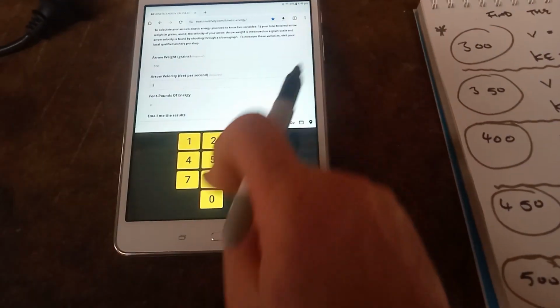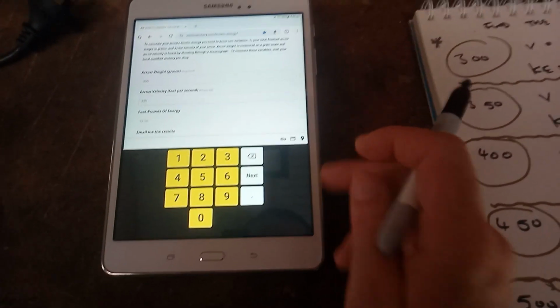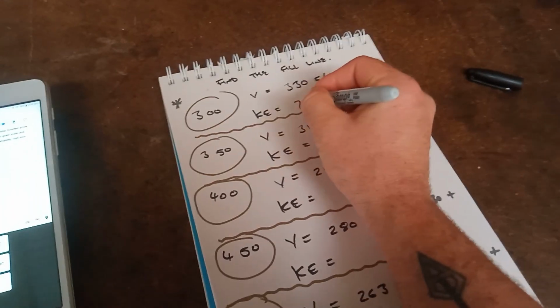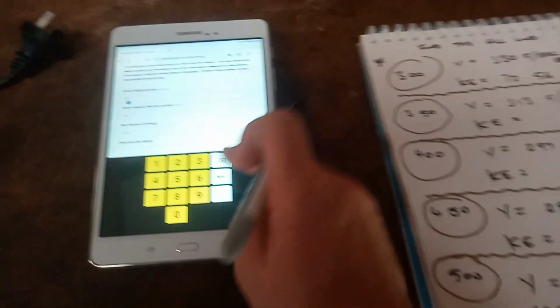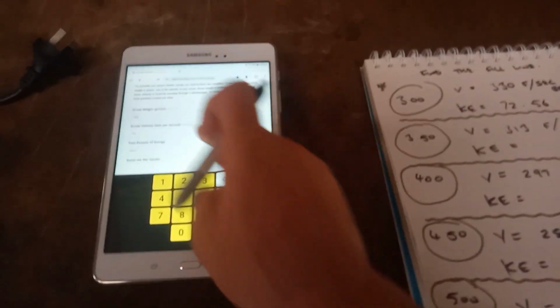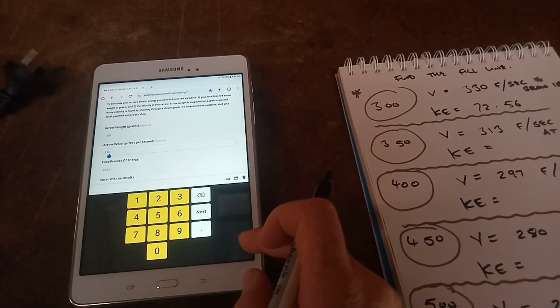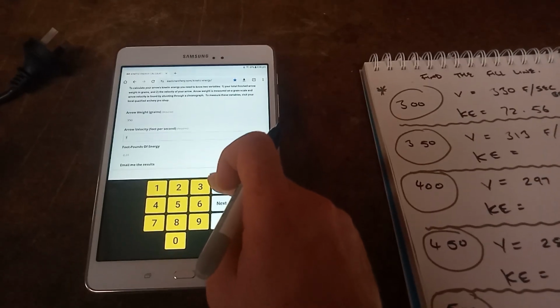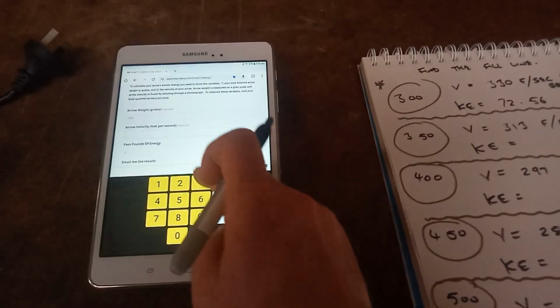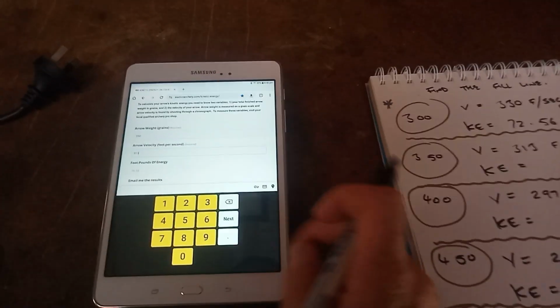300 grains, and we get 72.56. Then we go 350 with the velocity 313.